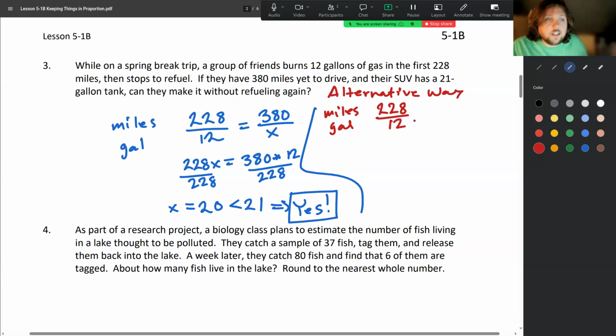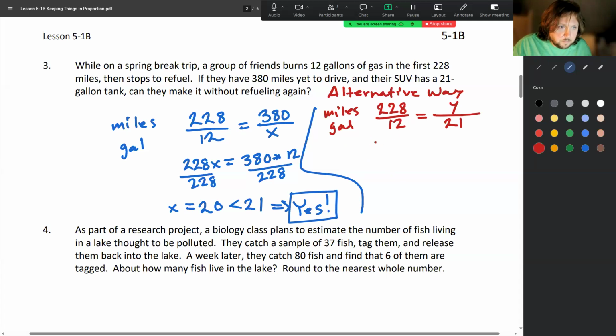Or if, when you were trying this, you did 12 over 228 and you did everything else kind of upside down, that's still correct. But now I saw that 21 gallon tank and I put 21 gallons. And now we're looking for how many miles they can go on 21 gallons.